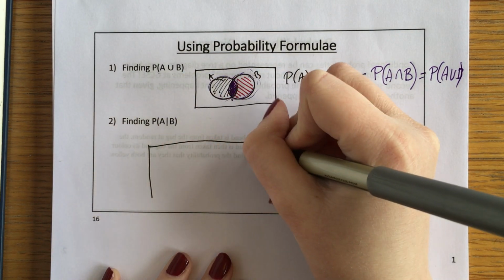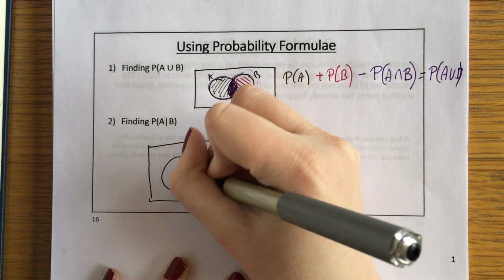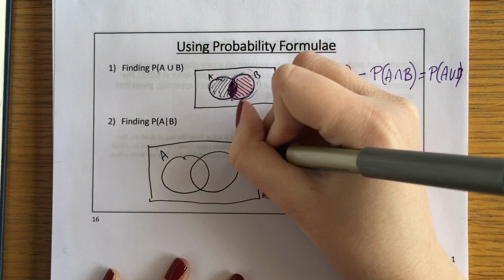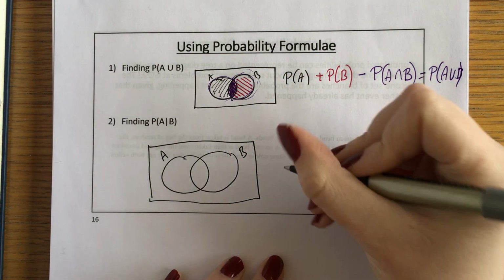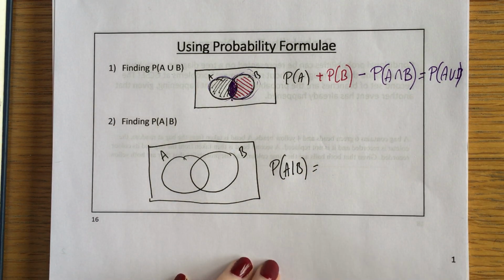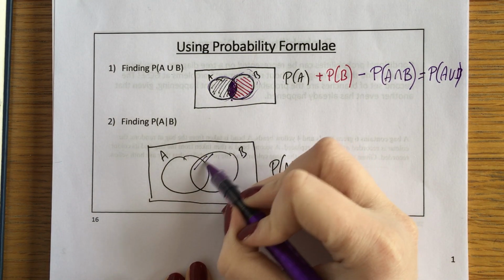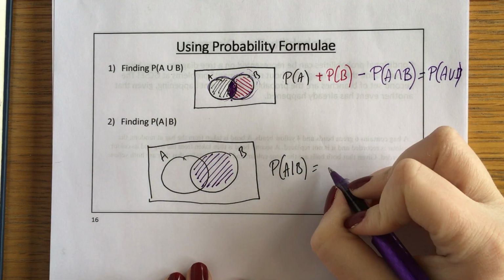So again, to demonstrate this, I'm going to draw a Venn diagram. So the probability of A given B. So if B's happened, I know that I'm looking in this circle.